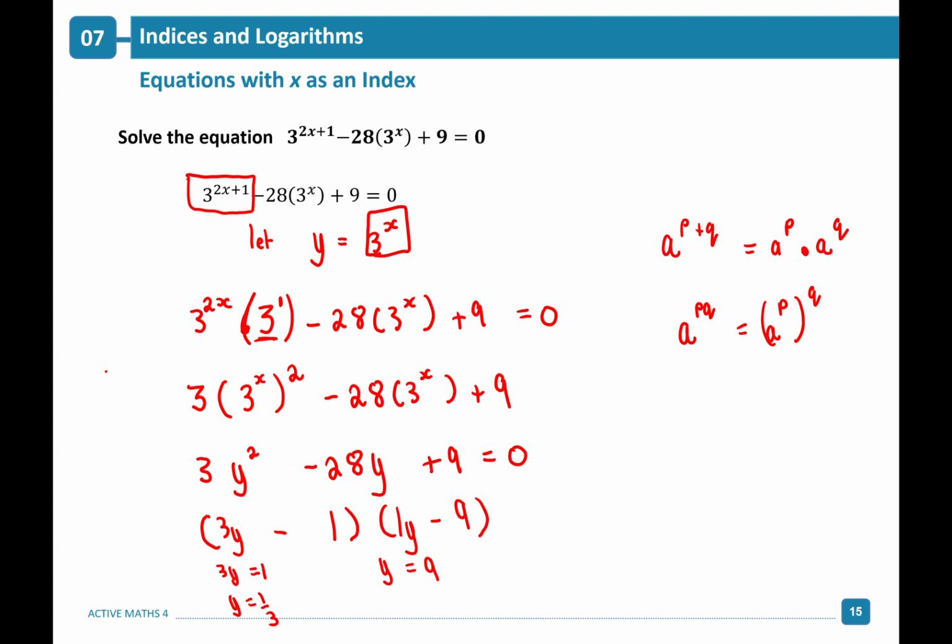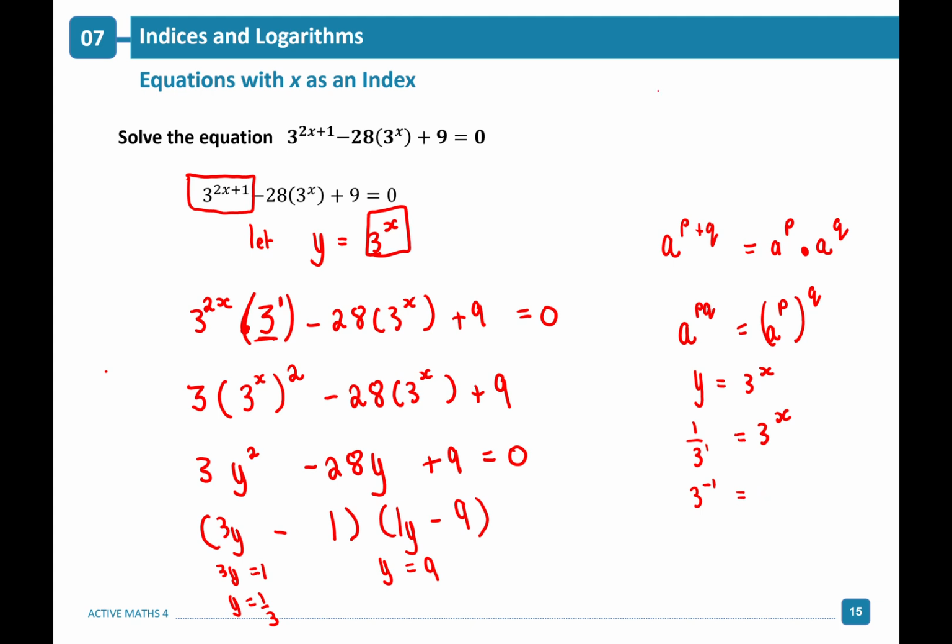Once we find our values for y, we substitute them into our equation for y to solve for x. That gives us 1/3 equals 3 to the power of x. We want to solve for x. So I don't know what to do with our exponent here, so I'm going to bring that to our top.